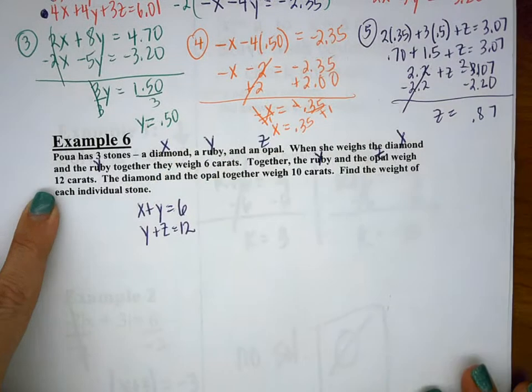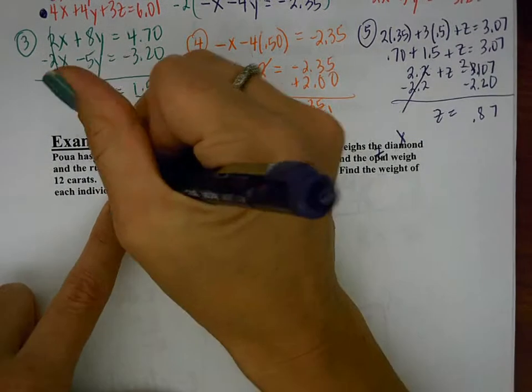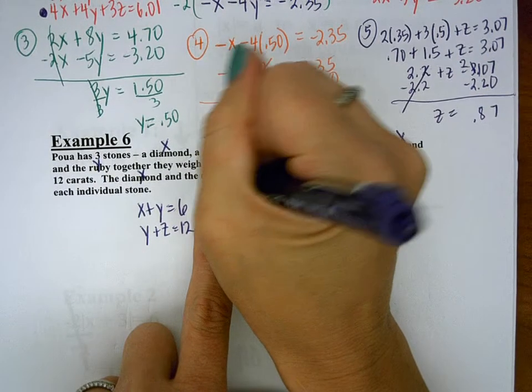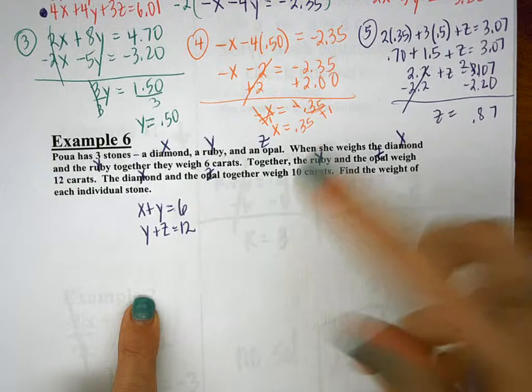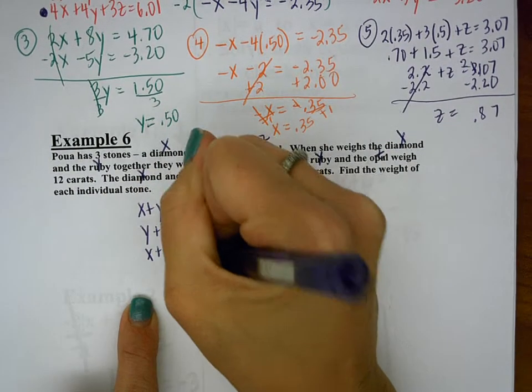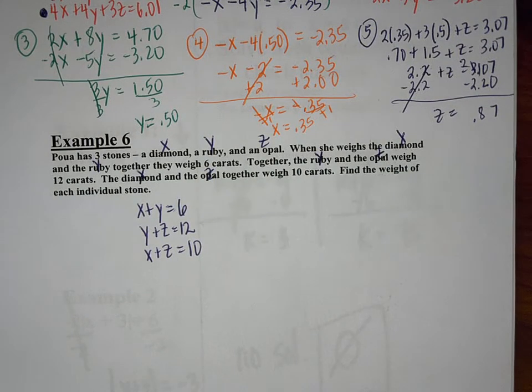The last one says the diamond and the opal. We said diamond is X and opal is Z, weigh 10 carats. So X plus Z equal 10. Find the weight of each of the individual stones. So I have 3 variables. I have 3 equations. We can find the answer.